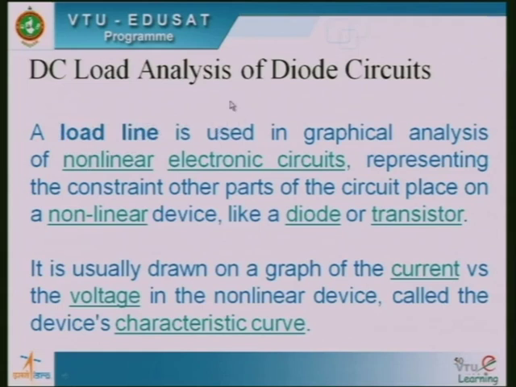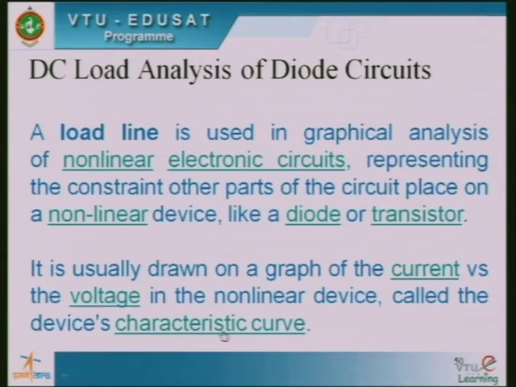It is used mainly to represent the constraint that other parts of the circuit place on the nonlinear device, like a diode, or it could be a transistor, and it is usually drawn on the graph of current versus voltage of the nonlinear device, called the device characteristics. First we draw a load line between VDD and VDD by R, which represents a straight line, and then we draw the VI characteristics of the nonlinear device.